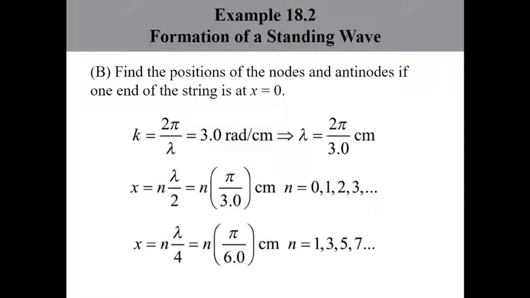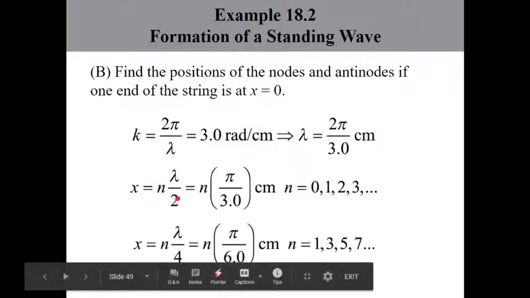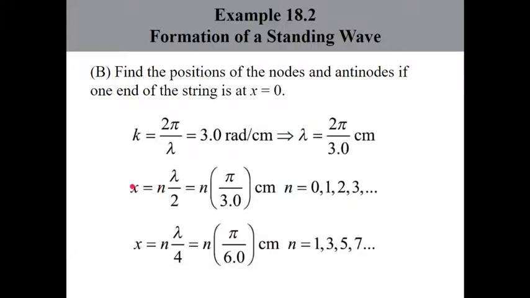Basically, the position of nodes occurs starting from the beginning of the string, which starts off with a node, and every half wavelength you get another node. To summarize, the position of a node is equal to n lambda over 2, which tells you that every half wavelength you get a node.